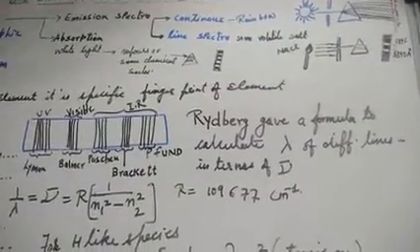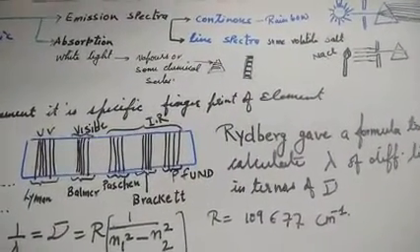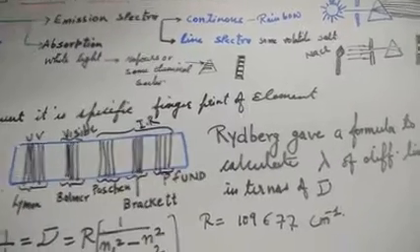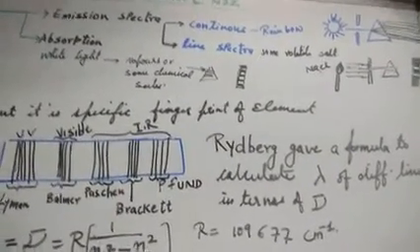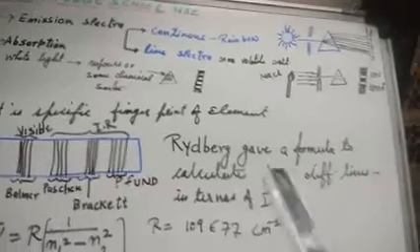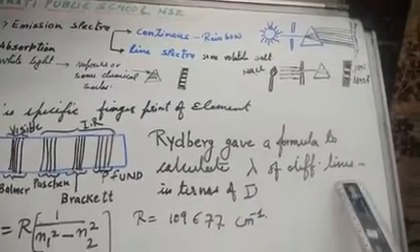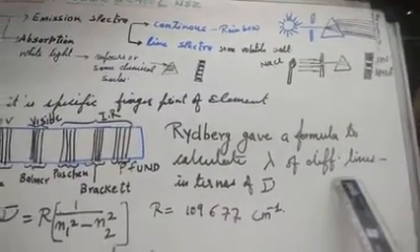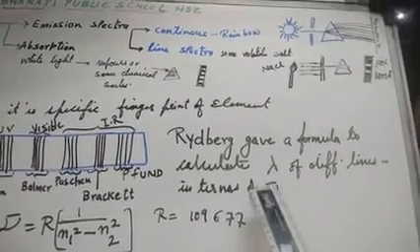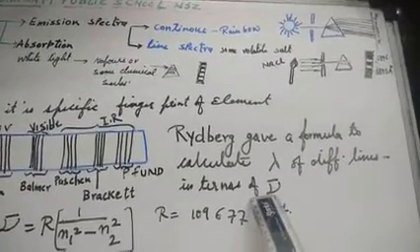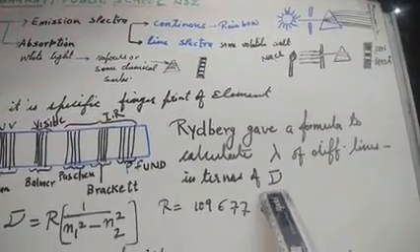After these series were given, Rydberg, one scientist, calculated their exact wavelength. He gave a formula to calculate the wavelength of different lines, in terms of wave number, nu bar. If you remember, students, nu bar is the symbol for wave number.